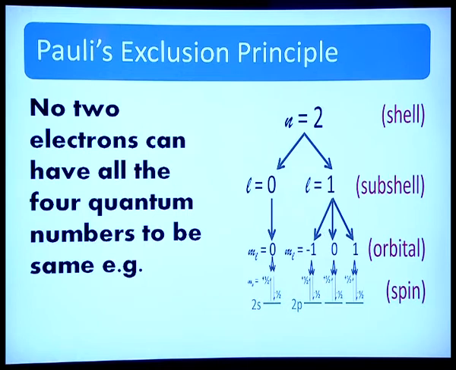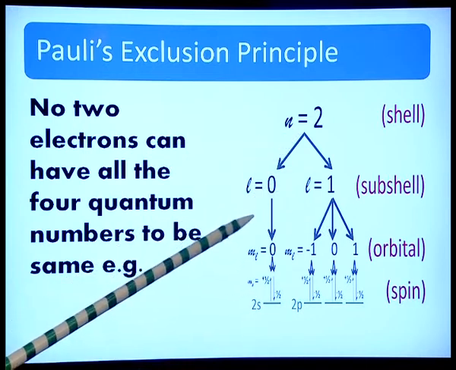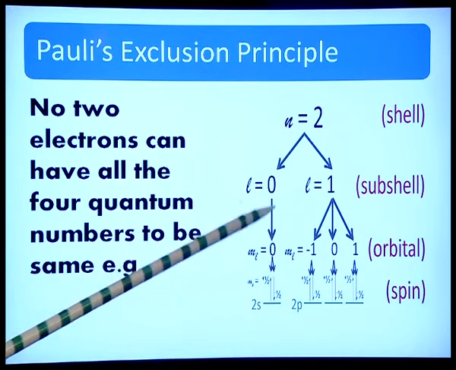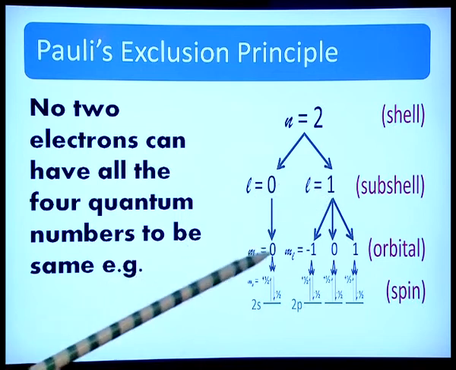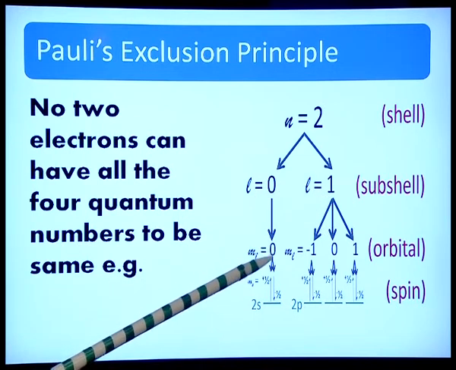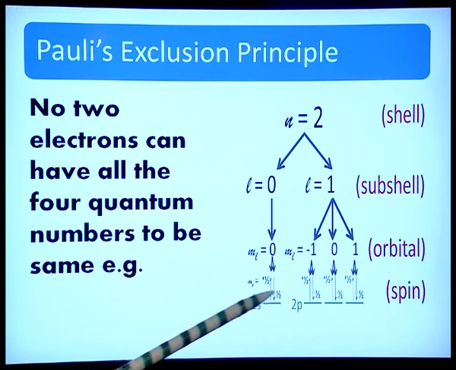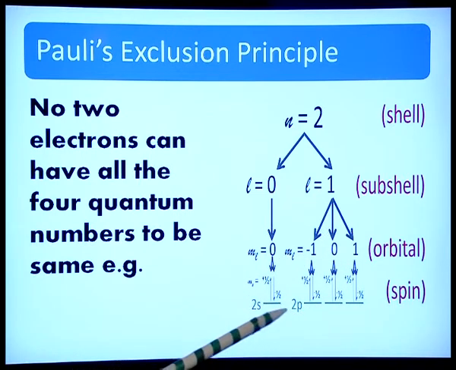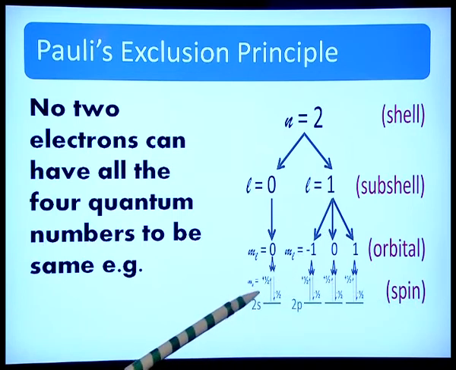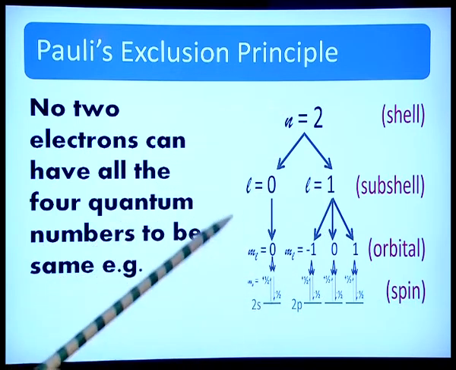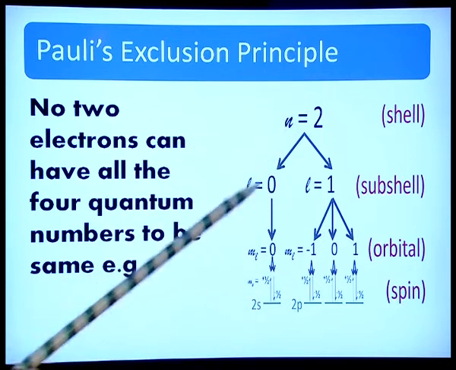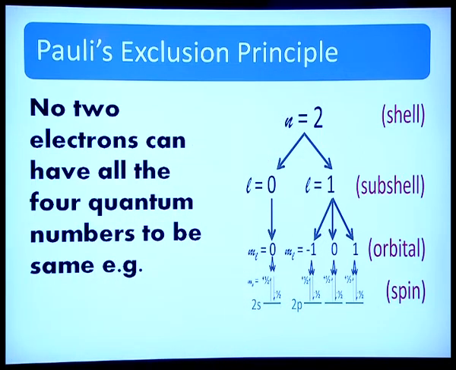For example, for the n equal to 2 shell, l can be either 0 or 1, ml can be 0, -1, +1, and the spin quantum number must be +1/2 or -1/2. I mean to say all the 4 quantum numbers must not be the same.